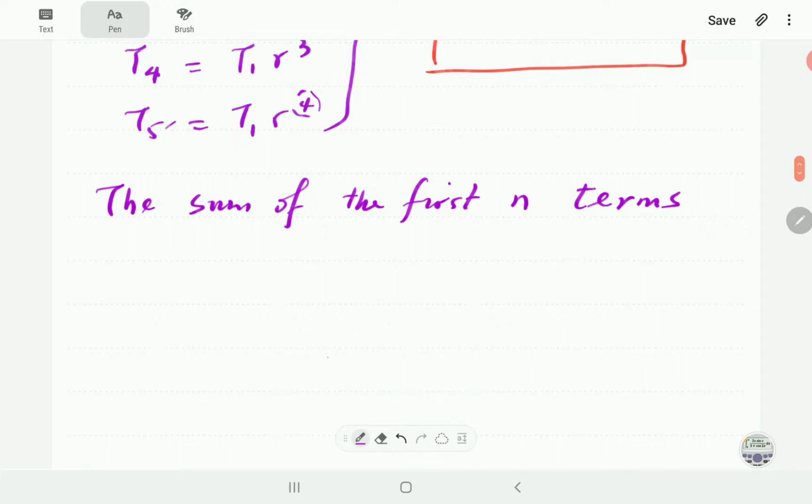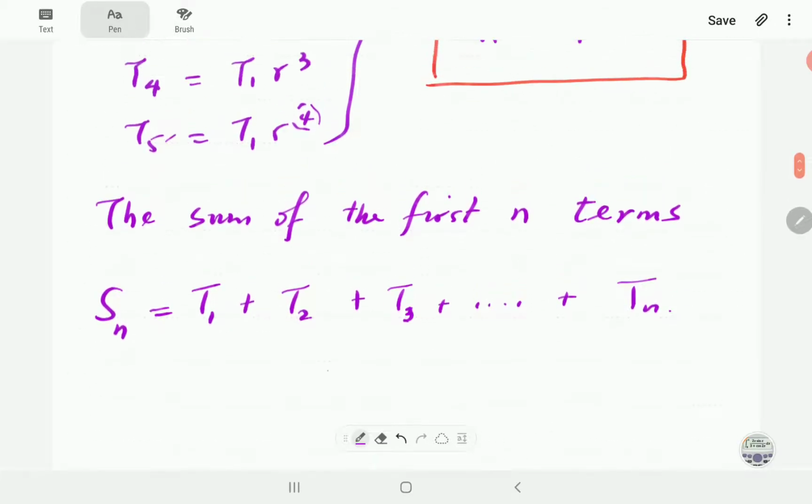So just similarly to the notation we used for the arithmetic progression, we're going to call this Sn. So Sn is going to be T1 plus T2 plus T3, etc., and then all the way to Tn.